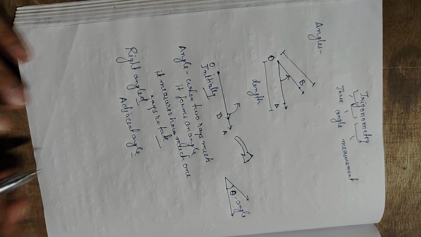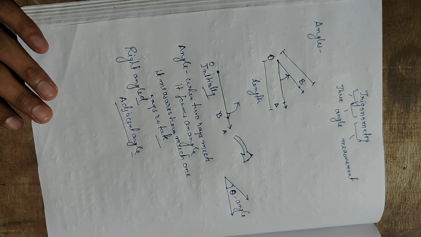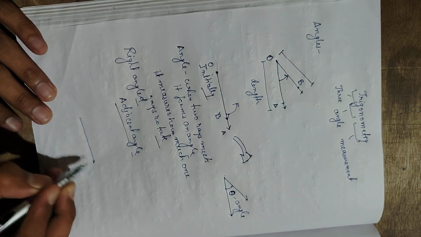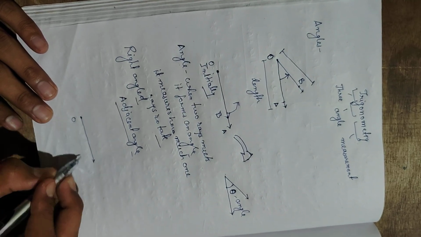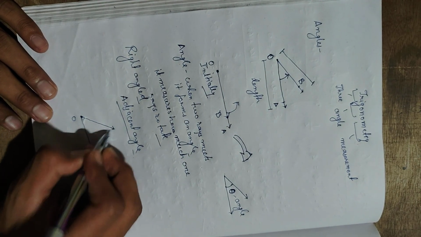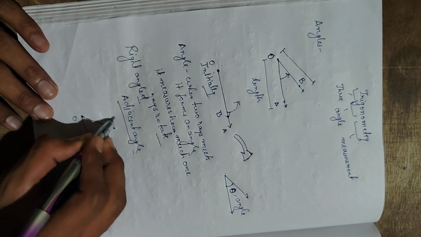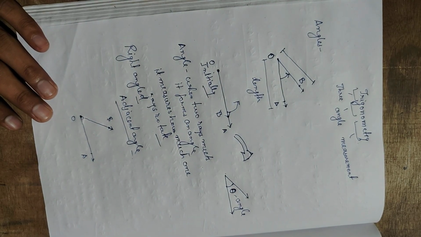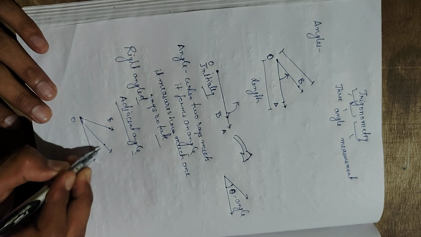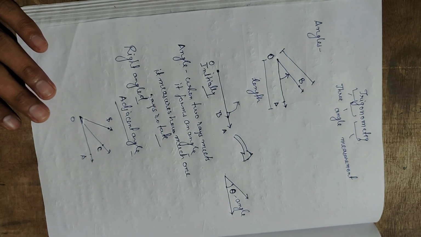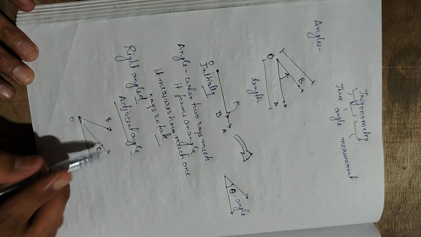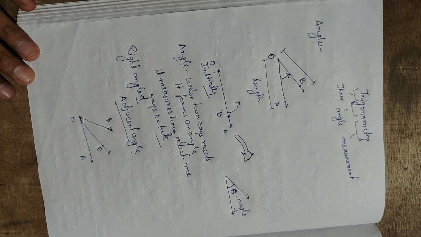We have a ray, OA, and an angle. We have another ray OB, and there is another ray OC. Let's see what's common here.